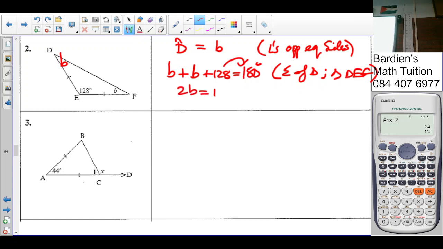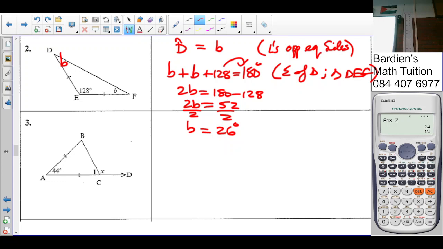So 2b is equal to 180 minus 128, which is 52. Sorry, not 112, 52. Is that correct? Let's just close the door. Now, divide by 2. So b is 26.